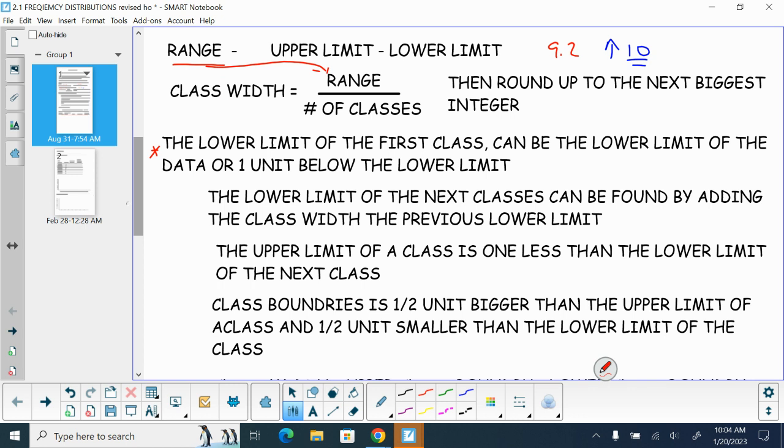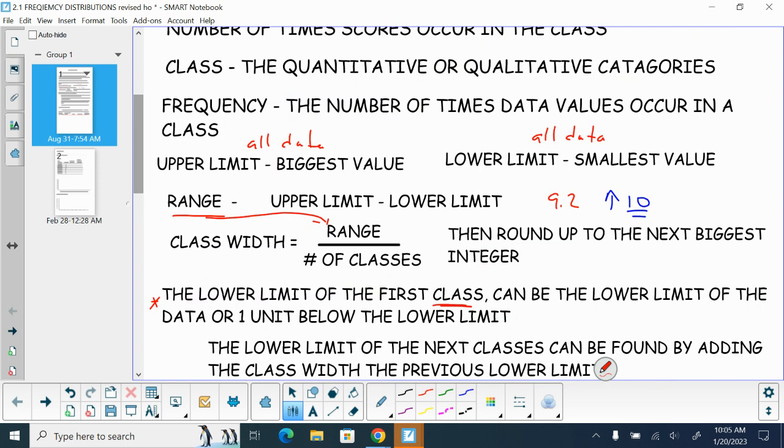But traditionally, if you just go 1 unit below or just the lower limit of the data values, that's your lower limit of your first class. This is of the class, and this is of all data. So there are 2 different limit ideas here.